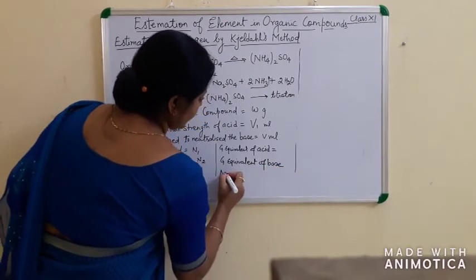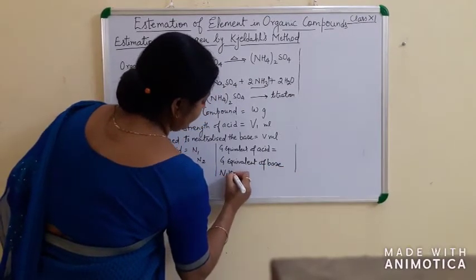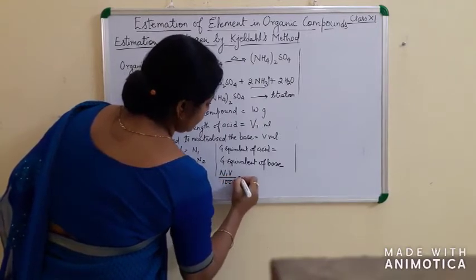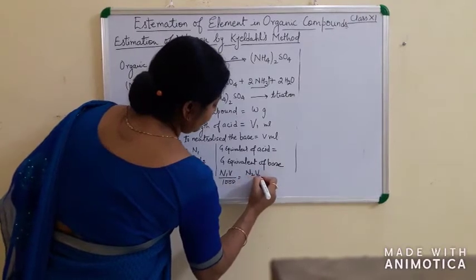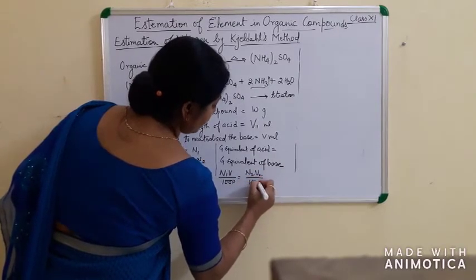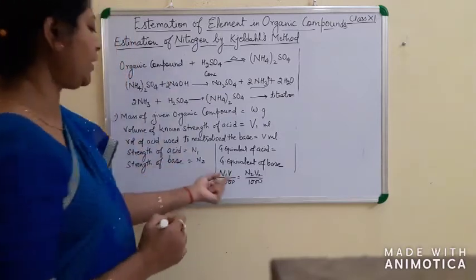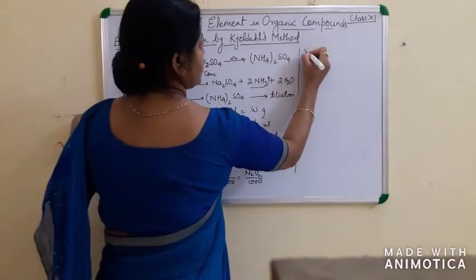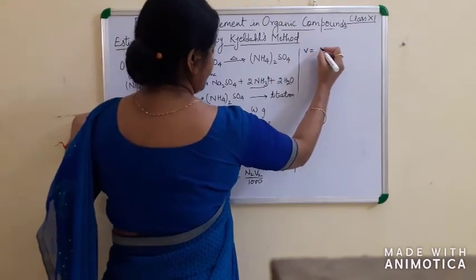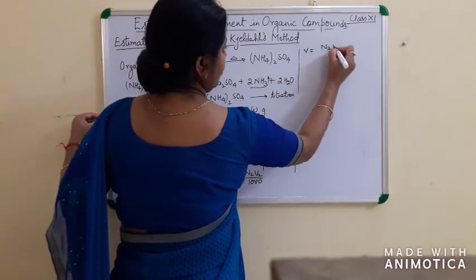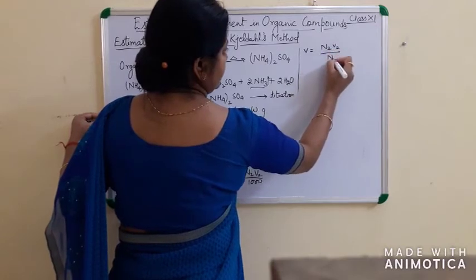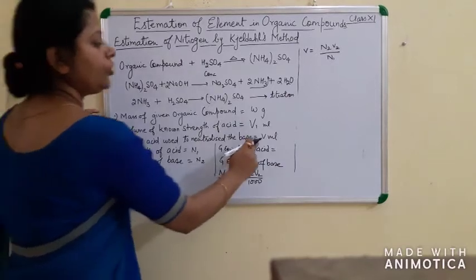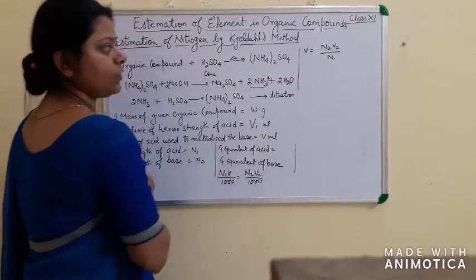We can say N1 V upon 1000 is equal to N2 V2 upon 1000. By this we can calculate the volume of the acid which is used during the neutralization of base. So this is the volume of acid used to neutralize the base, that is V milliliter.